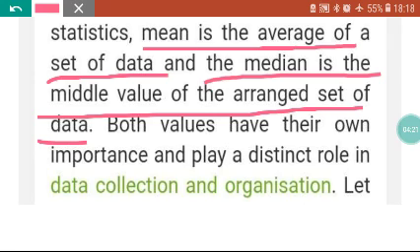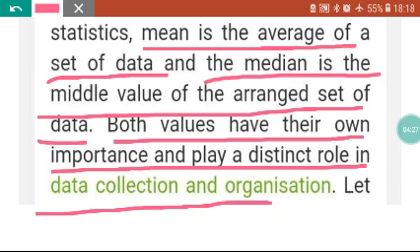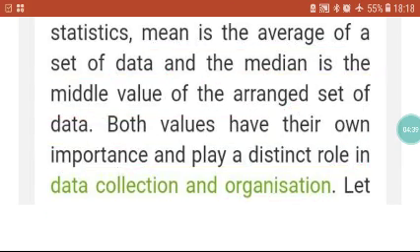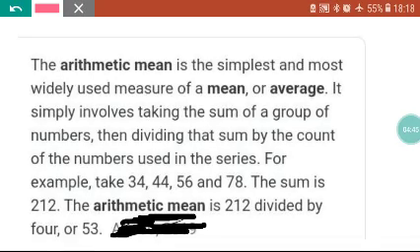Both values have their own importance and play a distinct role in data collection and organization. That is very important. Mean and median, don't get confused that they are both mid values. No, the mean is the average of the values. We'll study all these things, but today the main thing we have to study is the arithmetic mean.